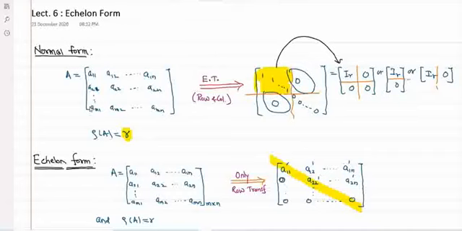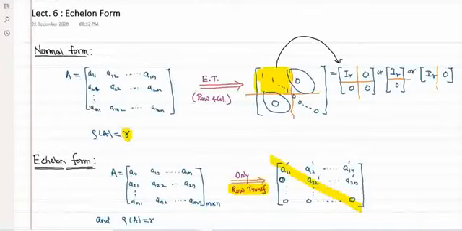In short, when you are reducing the matrix to the echelon form, you have to reduce it to the upper triangular form by applying only, remember this part, only row transformation. Don't apply column transformation.